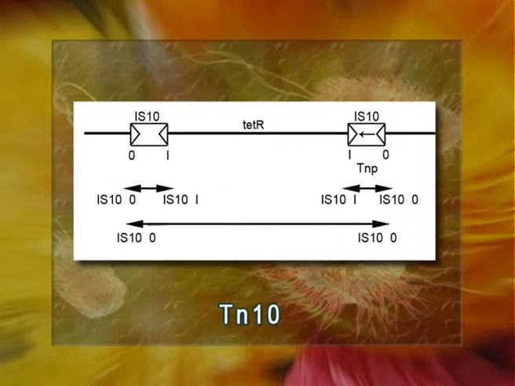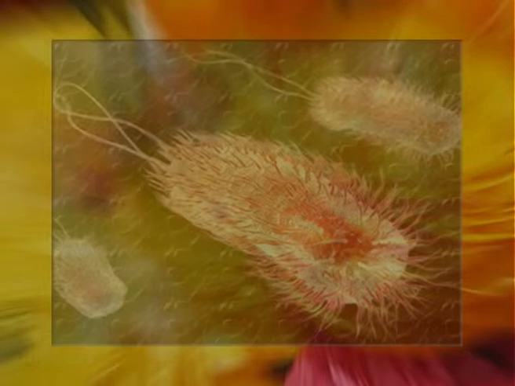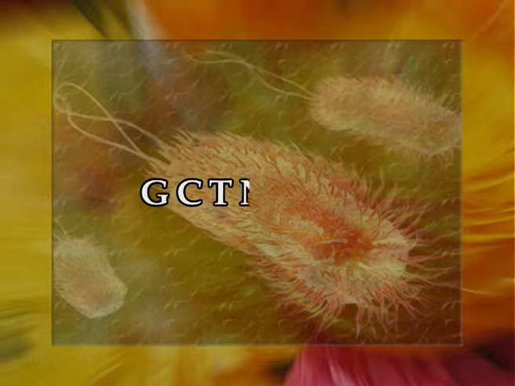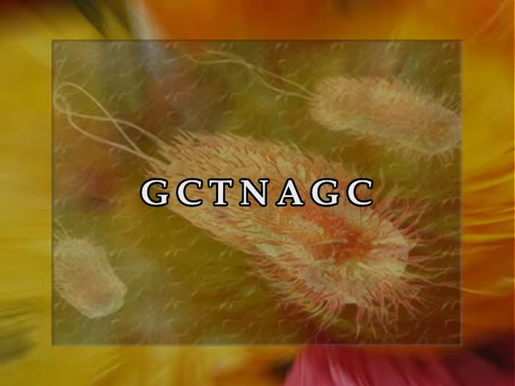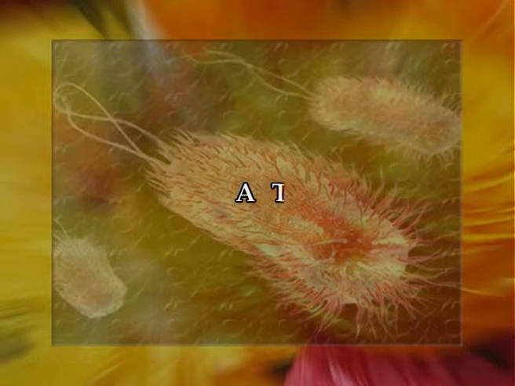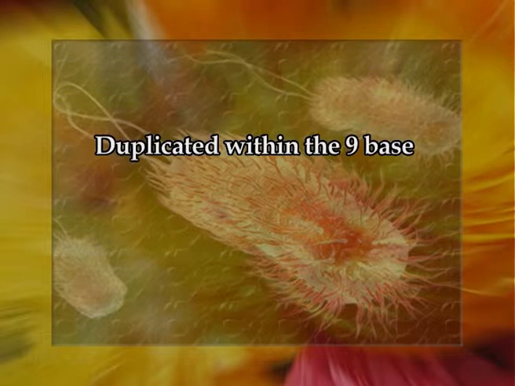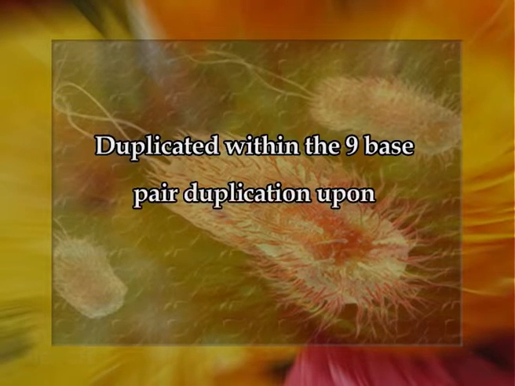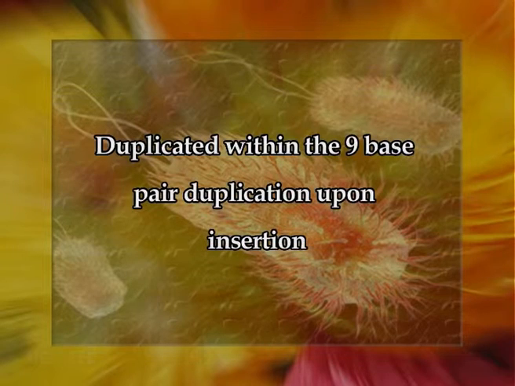The preferred sites for IS10 and Tn10 tend to have the sequence G, C, T, N, A, G, C. Admittedly, not very adenine thymine rich, which is then duplicated within the 9 base pair duplication upon insertion.